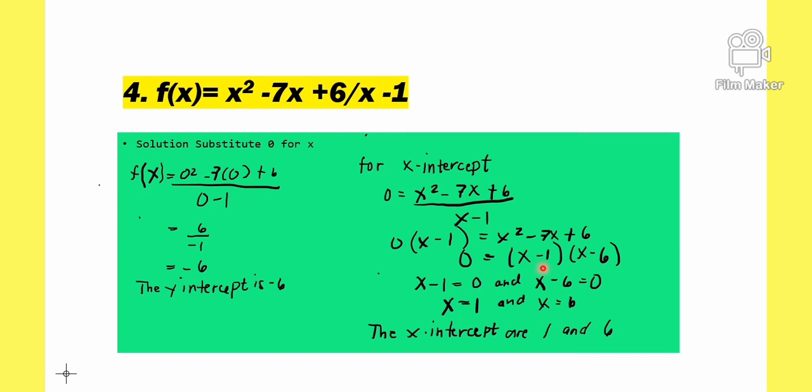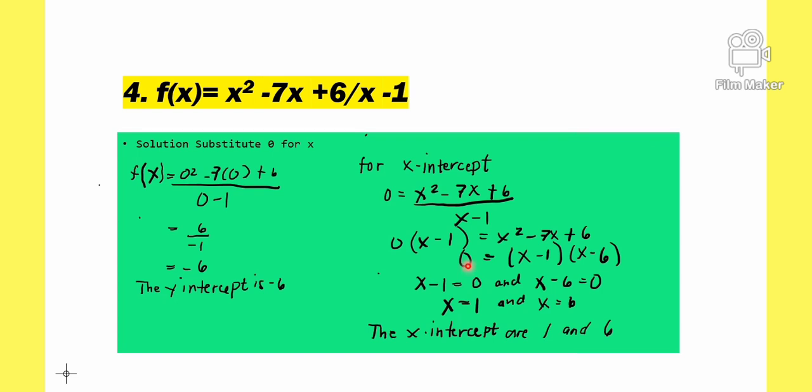Negative 1 plus negative 6 will be negative 7. Negative 1 multiplied by negative 6 is positive 6. And then we will cross multiply this one. So 0 multiplied by (x minus 1) will become 0.